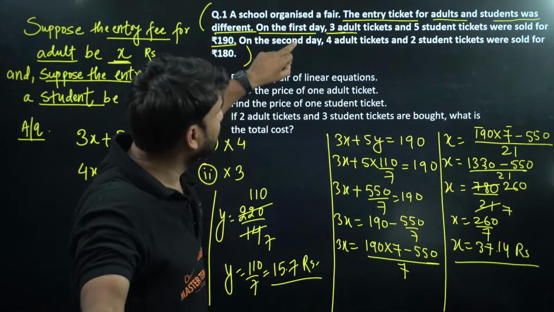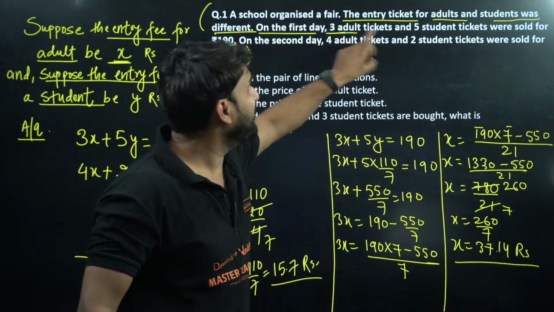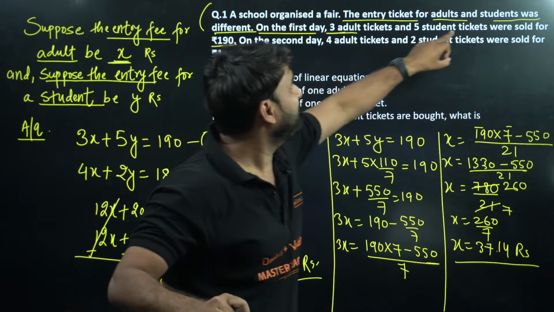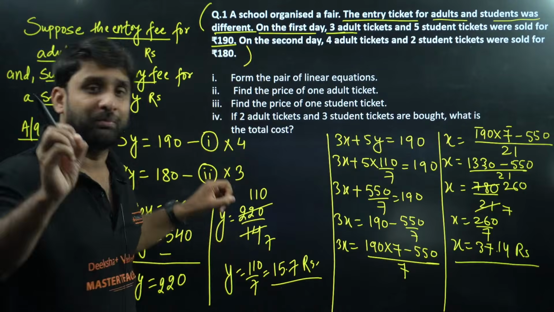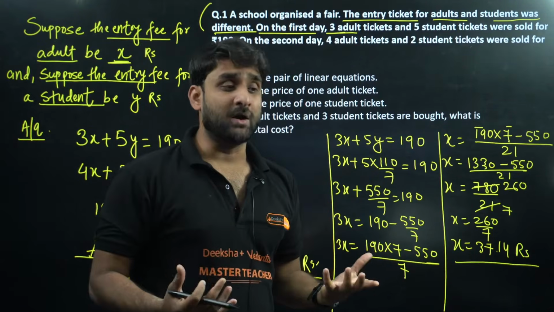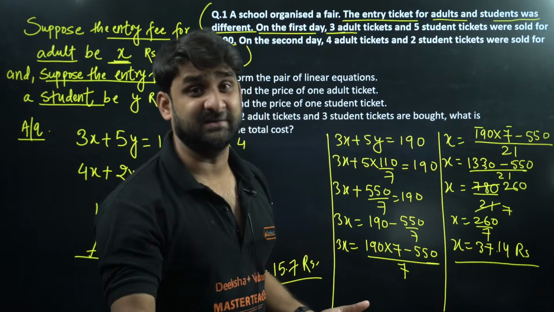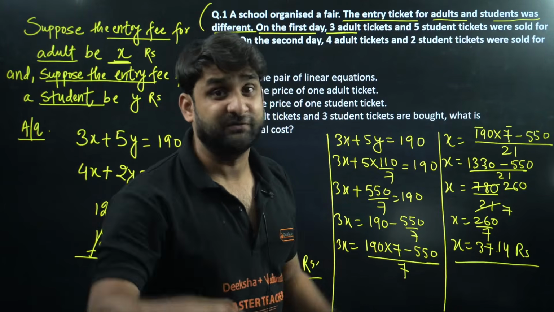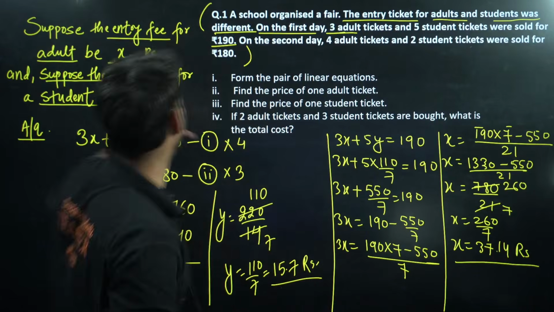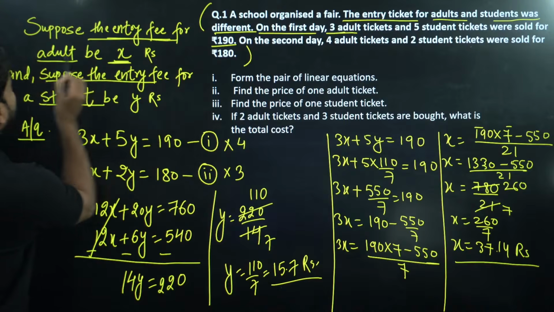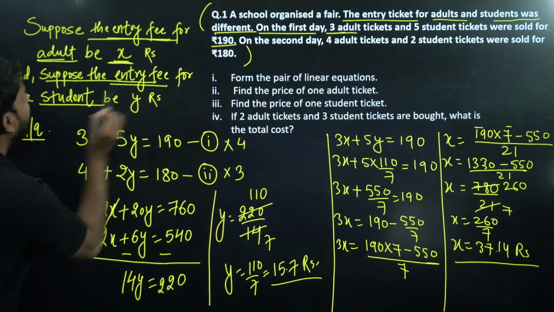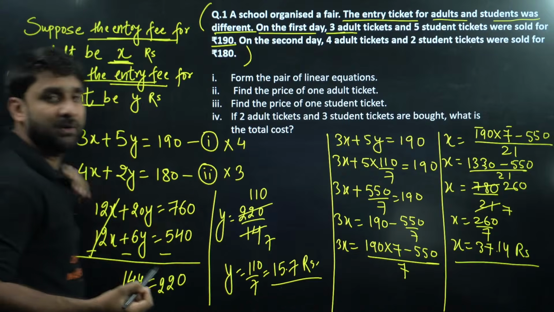On the first day, 3 adult tickets and 5 student tickets were sold for rupees 190. So this condition is given, but we don't know what exactly the adult ticket is, what exactly the student ticket is. So what we need to do here, we have to suppose the entry fee for the adult be X rupees and suppose the entry fee for the student be Y rupees.